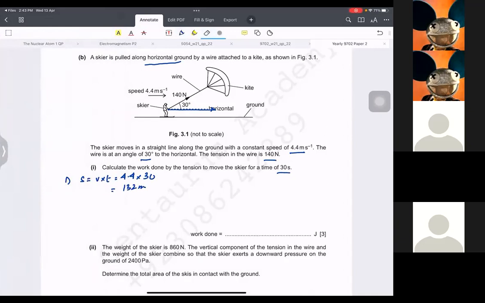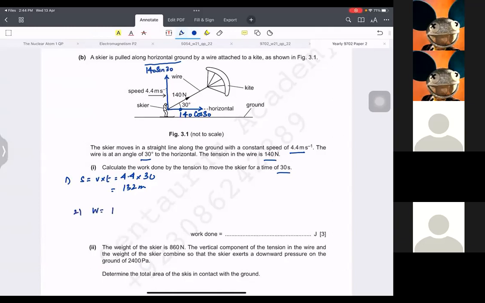Okay. Now, we want to find the force that is exactly here. So I'm making 2 components. I'm gonna make one component like this, one component like this. This will be 140 cos 30 because it is next to the angle, and this is 140 sine 30. So that is the force.